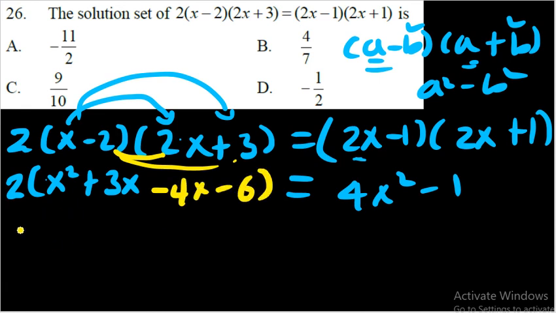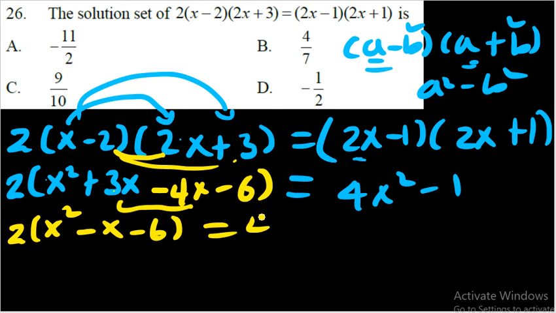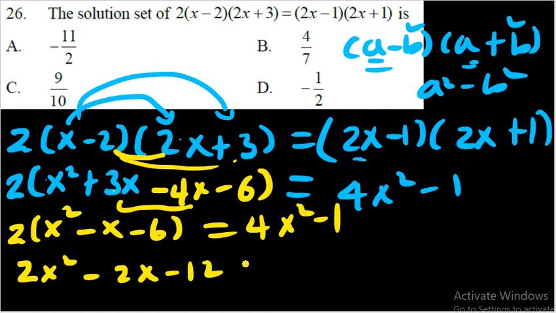So now completed: 2(x square, 3x minus 4x will be negative x, minus 6) is equal to 4x square minus 1. Completed: 2x square minus 2x minus 12 is equal to 4x square minus 1.